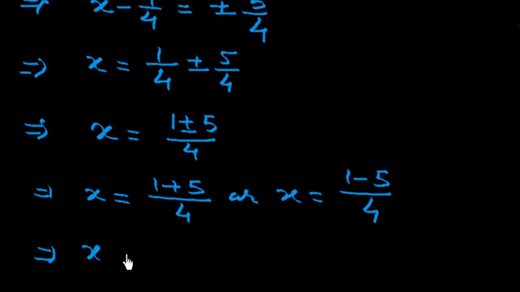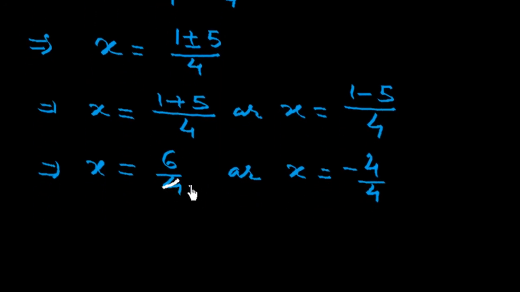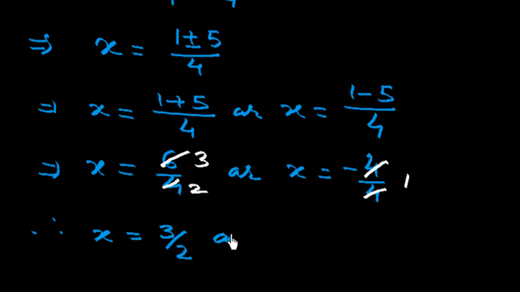This implies x is equal to 6 over 4 or x is equal to minus 4 over 4. So we get, therefore, x is equal to 3 over 2 or x is equal to minus 1.